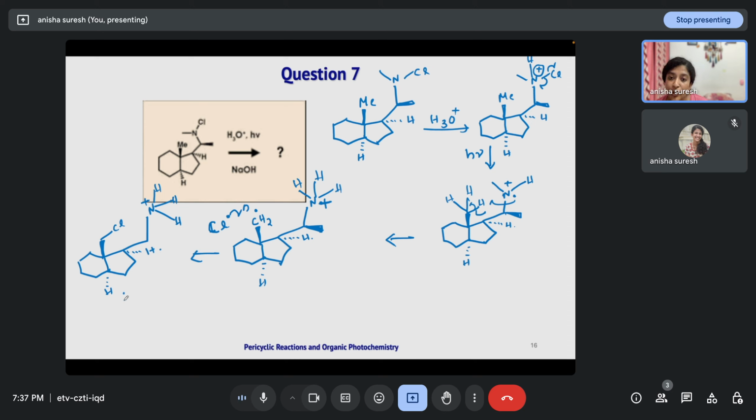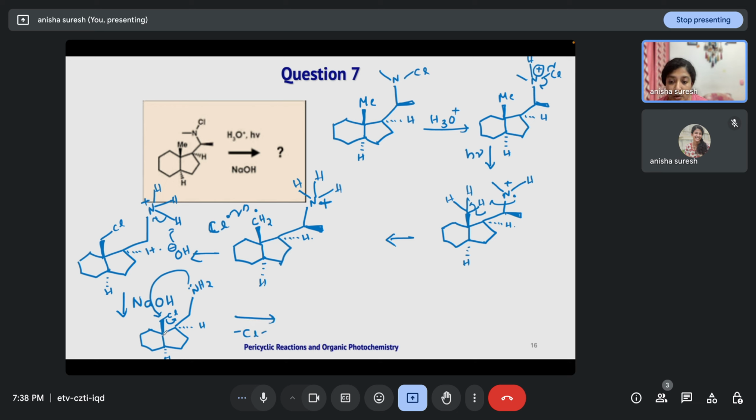okay, this will be formed, and in the presence of NaOH, this OH minus will abstract this proton, neutralizing the positive charge on the nitrogen. NH2. Now this can attack on this chlorine in SN2 fashion, leading to removal of Cl minus.